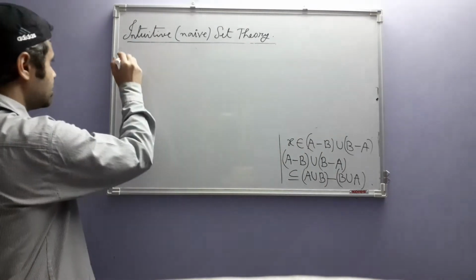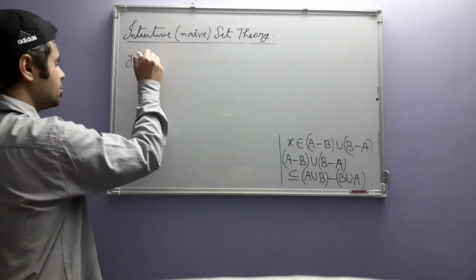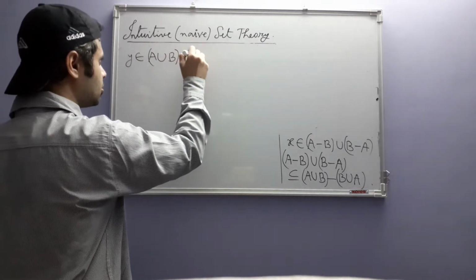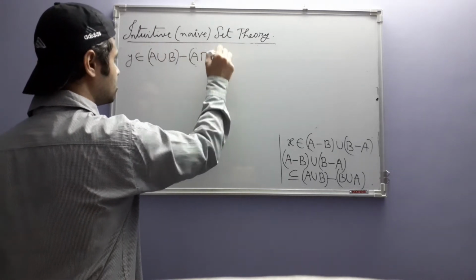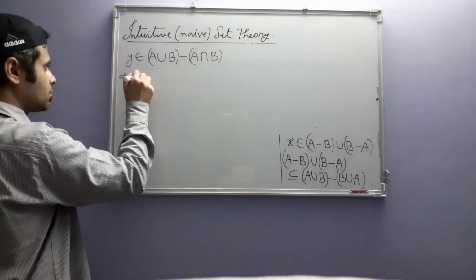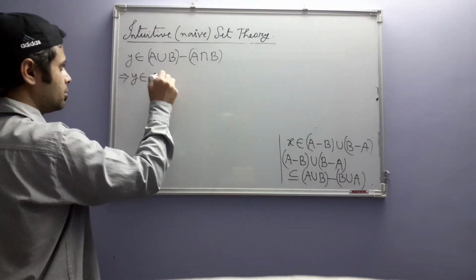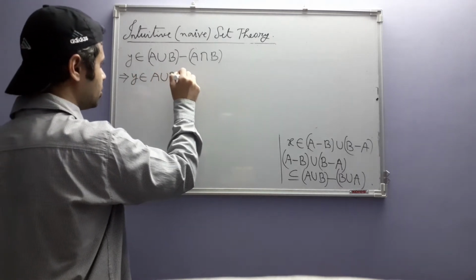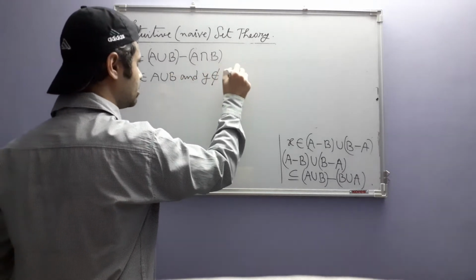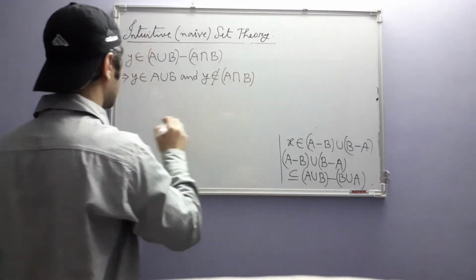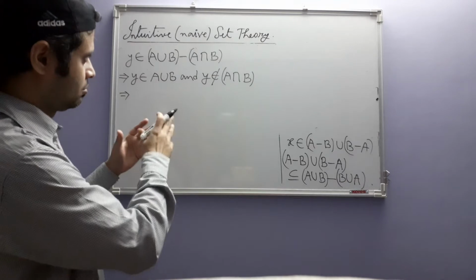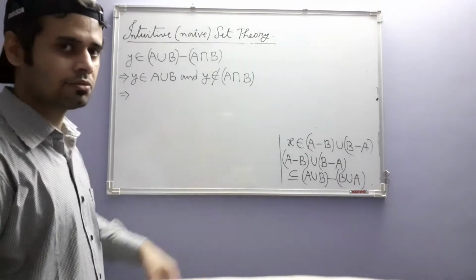So I start by taking an element in this, A union B minus A intersection B. It implies, same as usual, Y belongs to A union B and Y does not belong to A intersection B. I think it will just simply follow the same arguments in the reverse order.